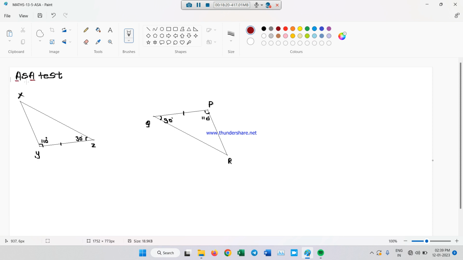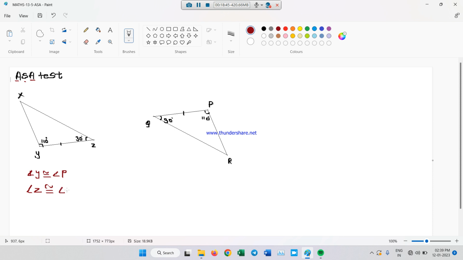So angle Y is congruent to angle P, angle Z is congruent to angle Q. And in between these two angles, there is a side YZ congruent to side QR.